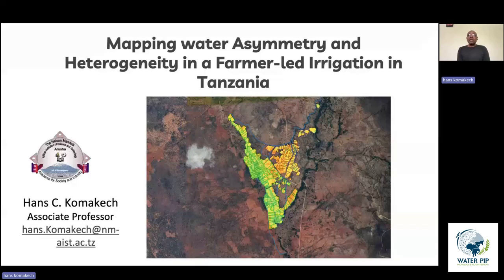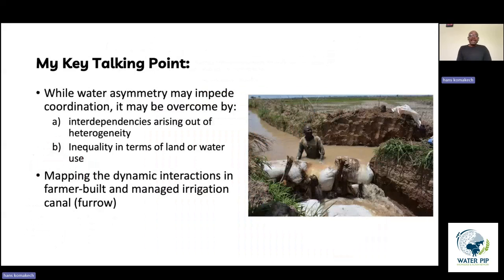This work is based on an old study that was done around the year 2007. My talking point will mainly be around two elements.